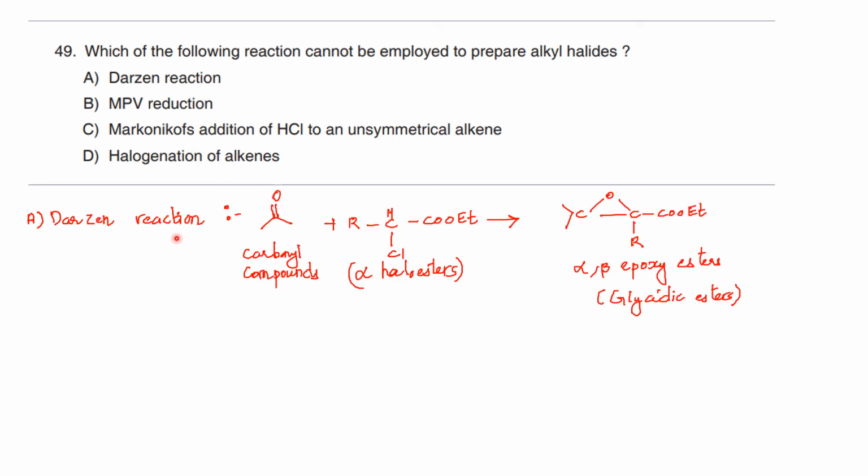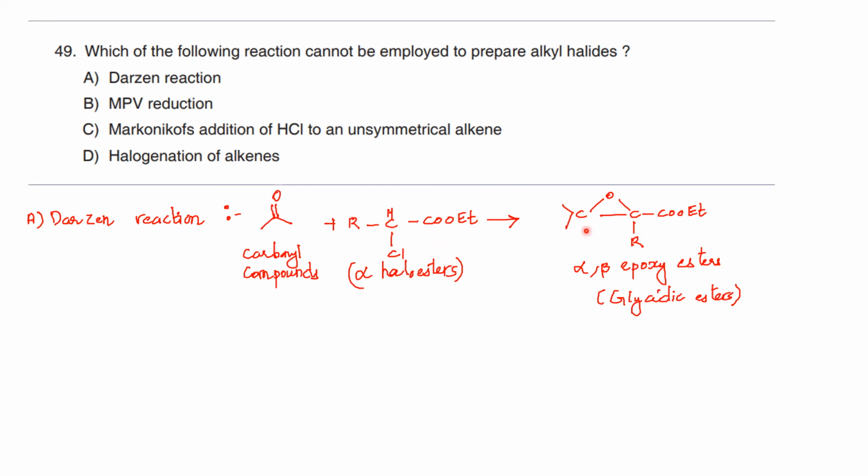So what is Darzens reaction? Darzens reaction is actually a reaction for the synthesis of alpha beta epoxy ester by the reaction between a carbonyl compound, which can be an aldehyde or a ketone, with alpha halo esters. So you have a carbonyl compound that reacts with the alpha halo ester, which is an ester having a halogen in the alpha position.